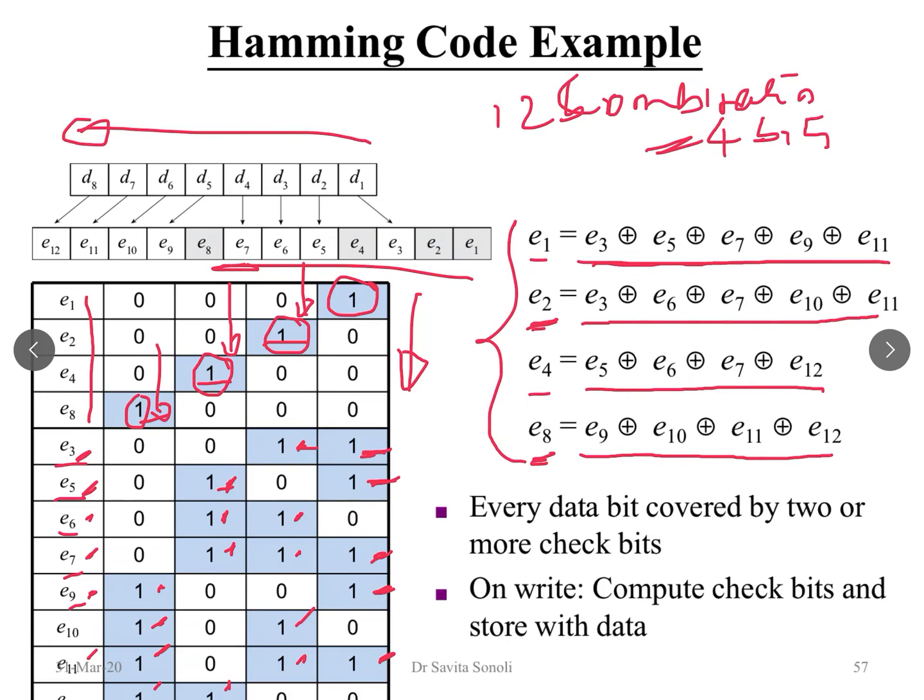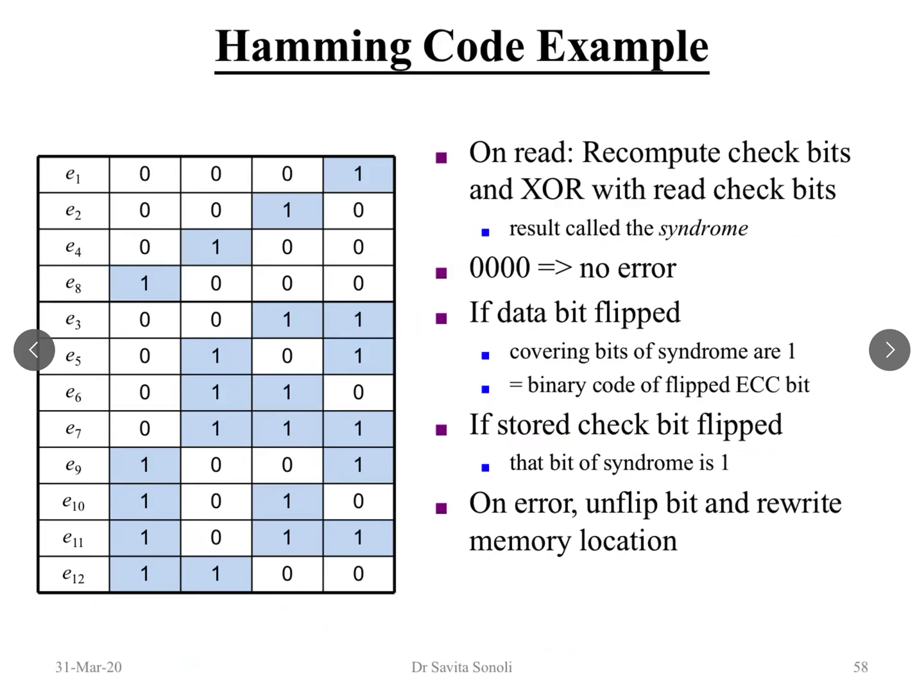So every data bit is covered by 2 or more check bits, and on write we compute the check bits and store them with the data. And on read we recompute the check bits and XOR with the read check bits. The result is called the syndrome. This is very important. If all the bits are zeros, that indicates there is no error.